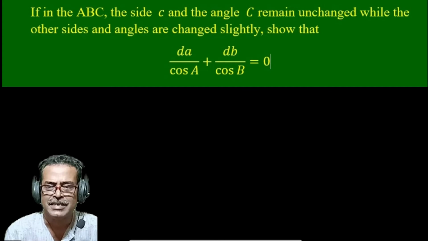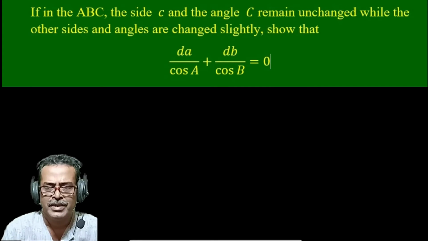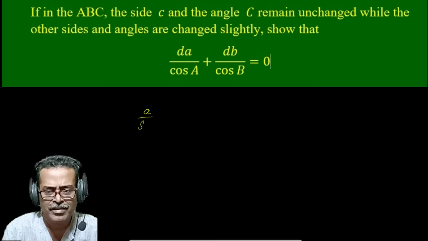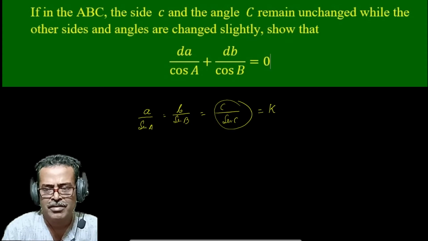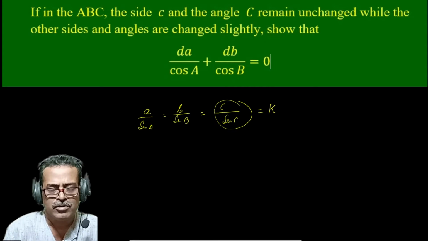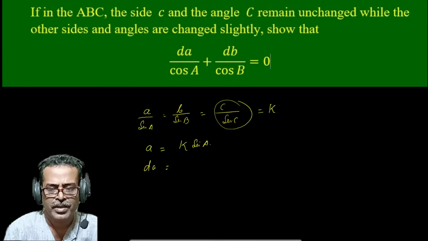In triangle ABC, the side C and the angle C remain unchanged, while the other sides and angles are changed slightly. Show that... So a by sin A is equal to b by sin B is equal to c by sin C. These are constant, so we can take this as K. So a is equal to K into sin A, da is equal to K into cos A dA.